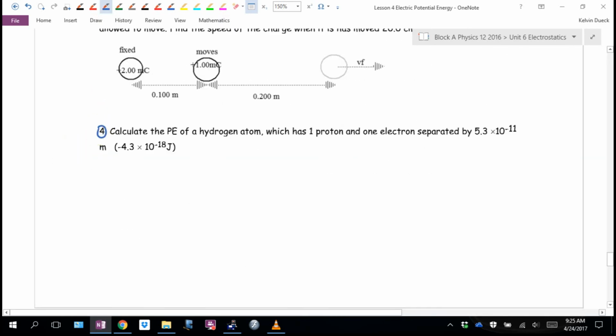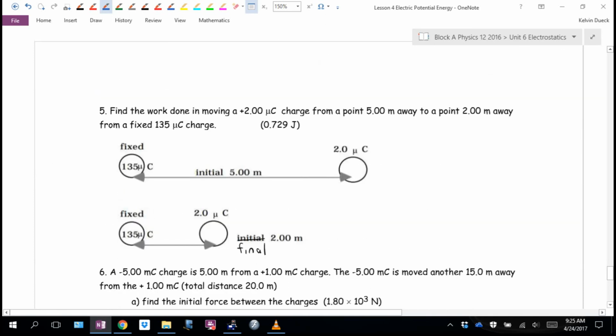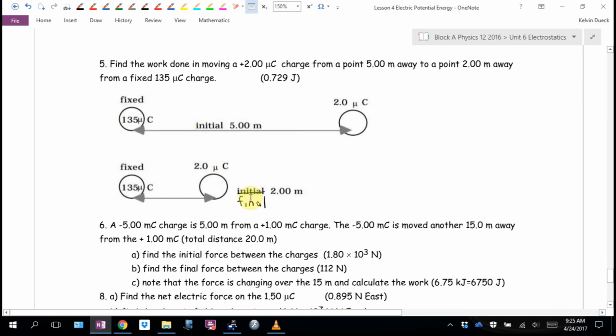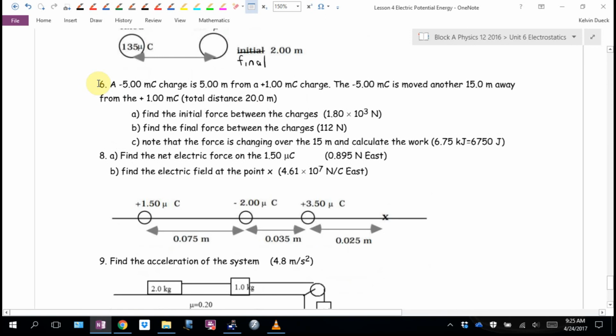I think 4 is good. Did I fix your diagram in number 5 so that underneath there it does say final instead of, yeah, okay. So 5 is good. I'm going to skip 6. 8 is good.